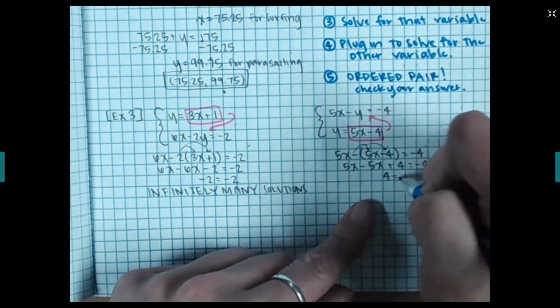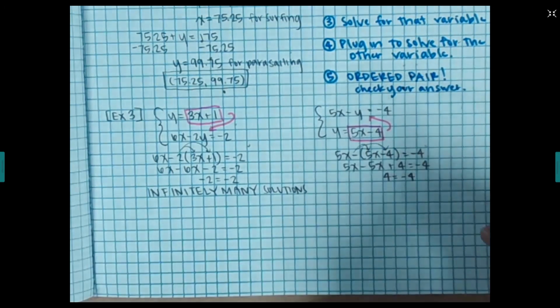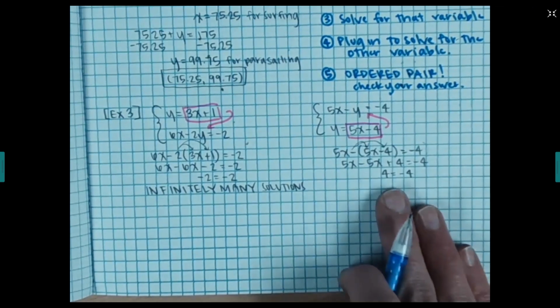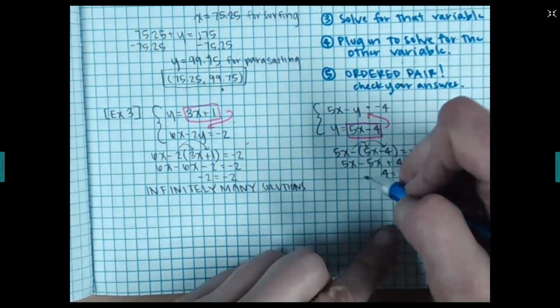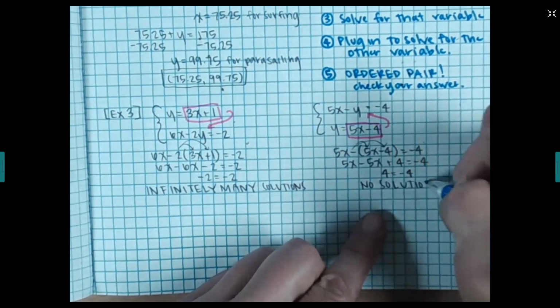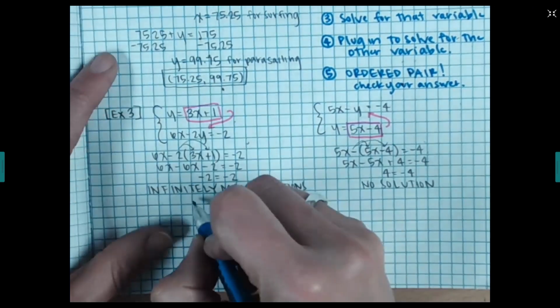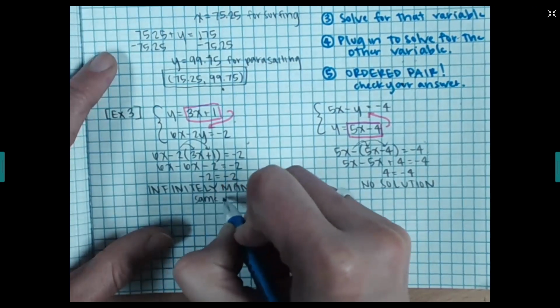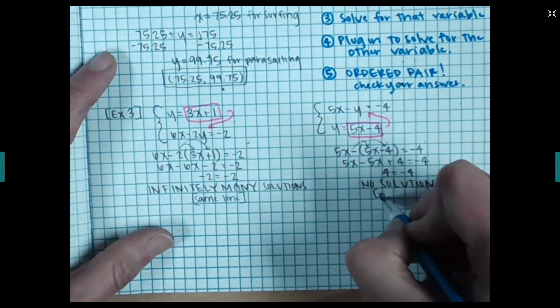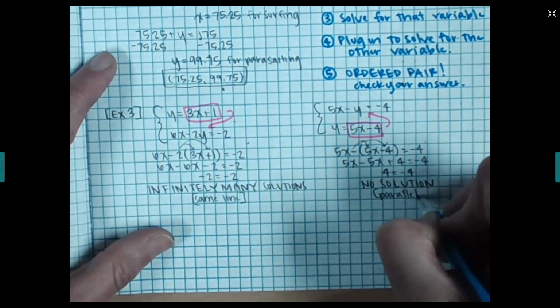And I end up with positive 4 equals negative 4. So this is a false statement, just like in topic 1, there is no solution to this system of equations. So this is the same line, and this is parallel lines.